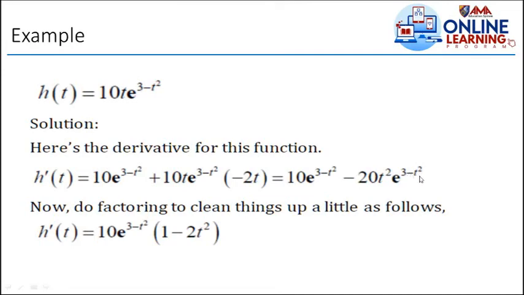Now, do factoring to clean things up a little as follows. With this one, the common factor is 10e to the 3 minus t squared, multiplied by 1 minus 2t squared.